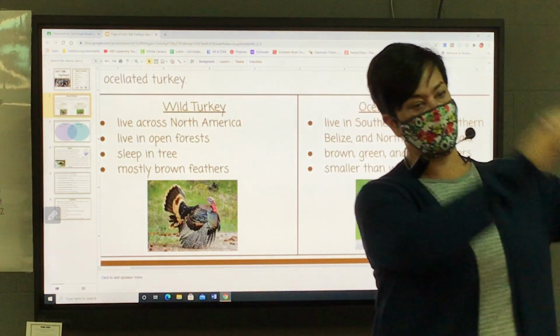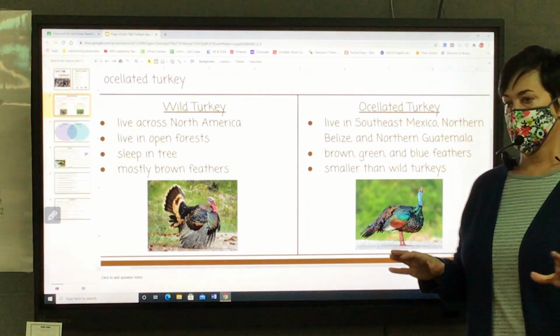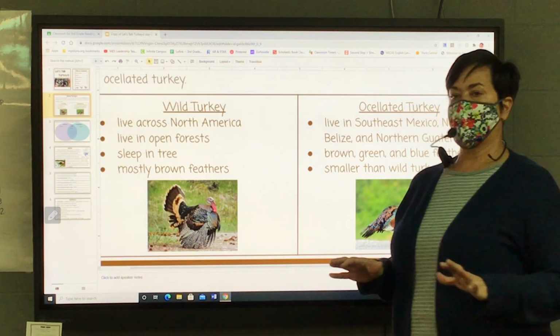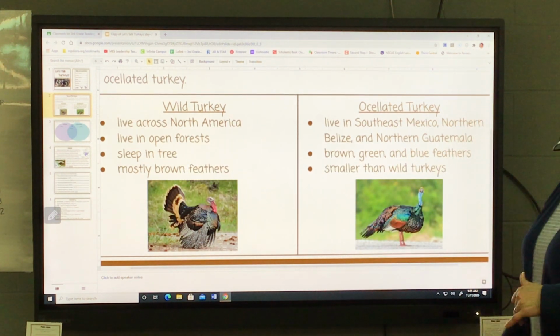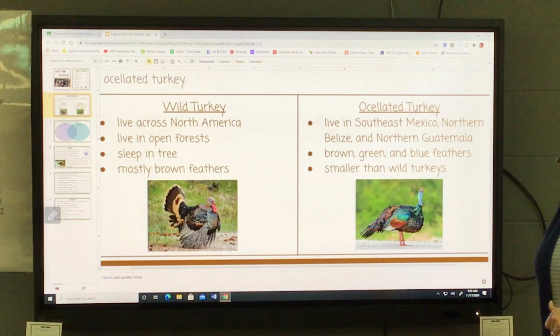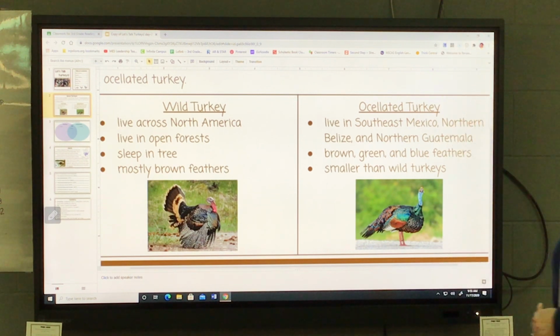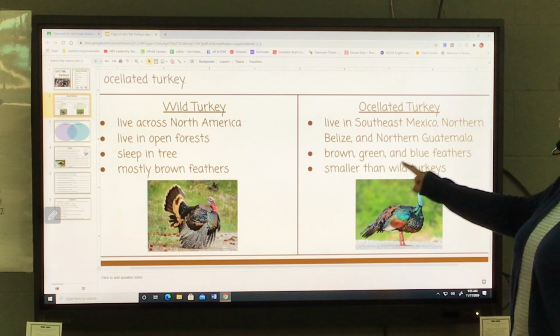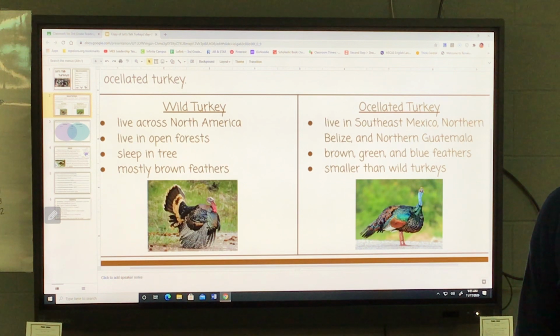So then over on the ocellated turkey side, on the blue oval, what would we put about them that's not like the wild turkey? Raylan? That the turkey has brown, green, and blue feathers. Right, brown, green, and blue feathers. What else? They are smaller than wild turkeys.